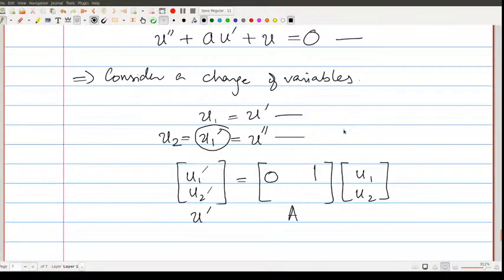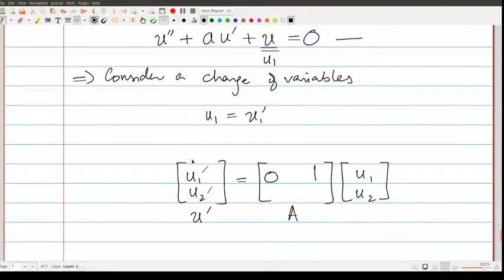Let me change these equations and redo this.